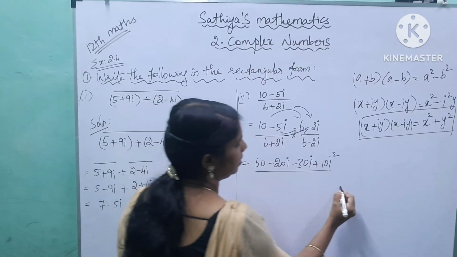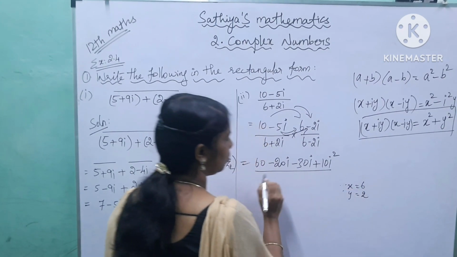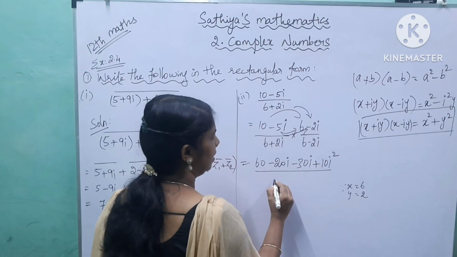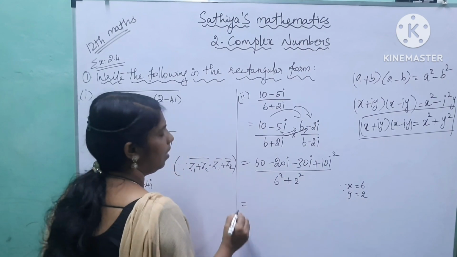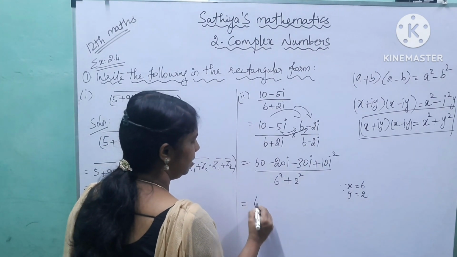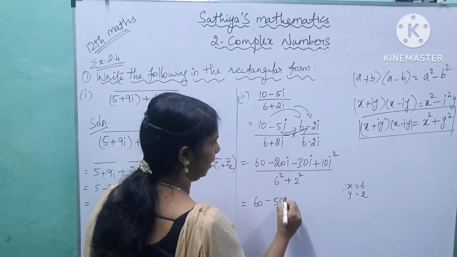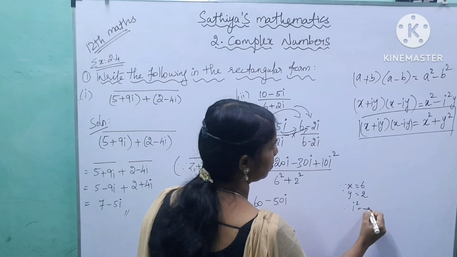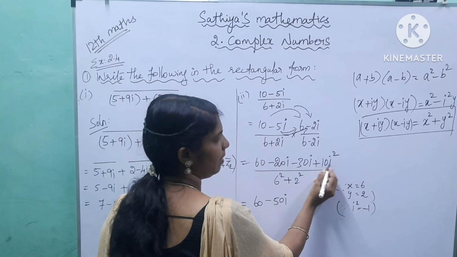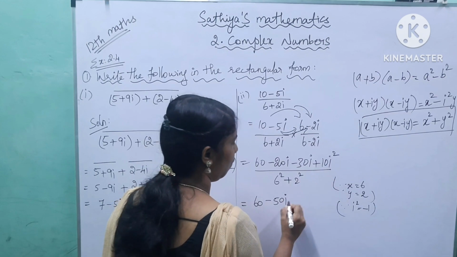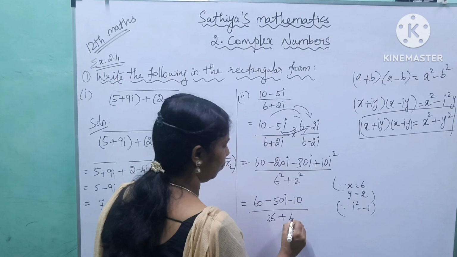So here x is 6 and y is 2. So x square plus y square means 6 square plus 2 square. And here it is 60 minus 20i minus 30i, which is minus 50i. Replace i square by minus 1. 10 into minus 1 is minus 10, divided by 36 plus 4.